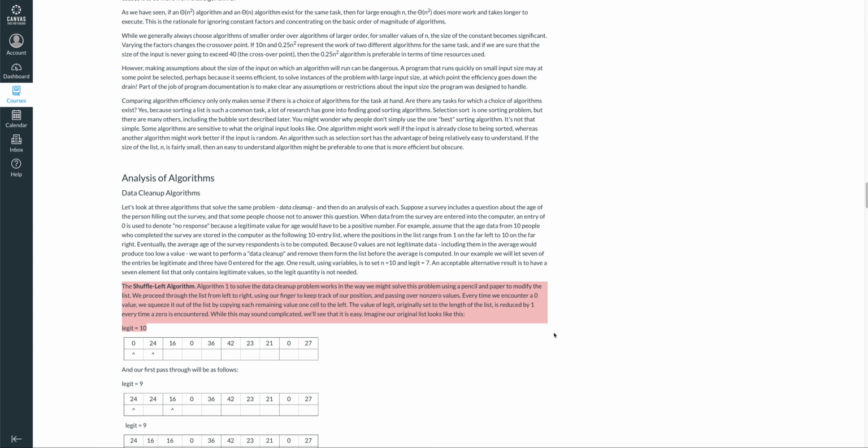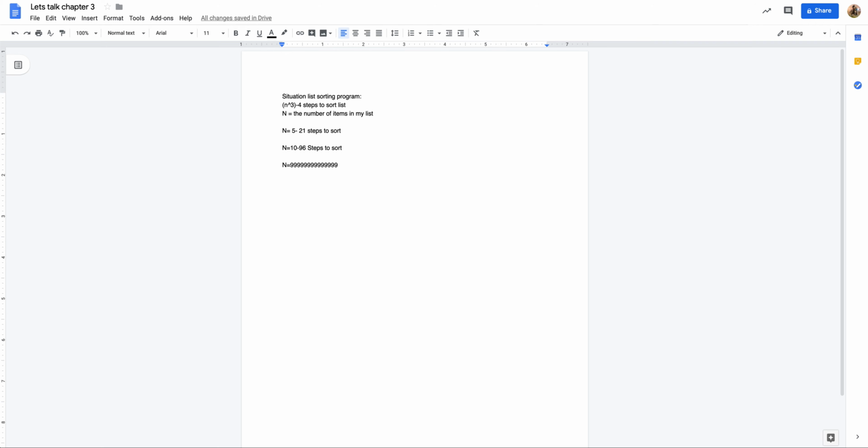Essentially, the shuffle left algorithm goes through the entire list and says, if I come across, let's say we're trying to eliminate 0 from the list.